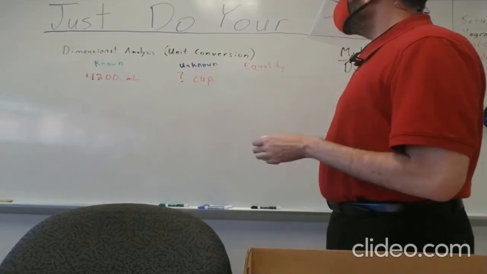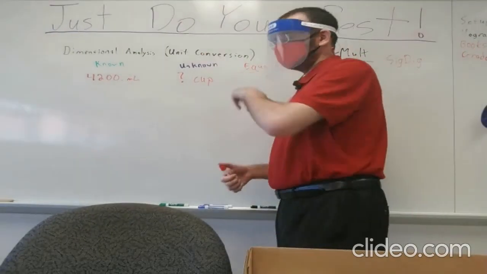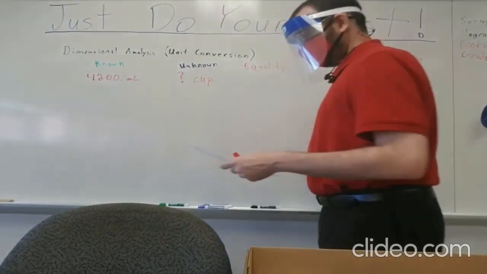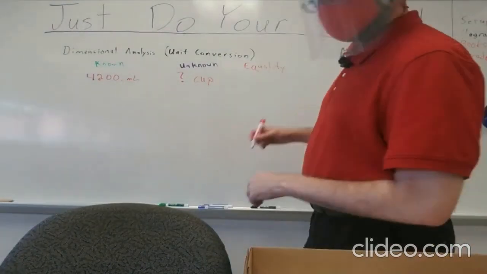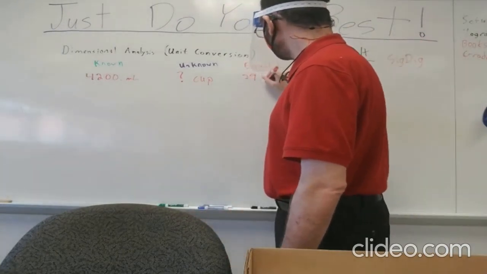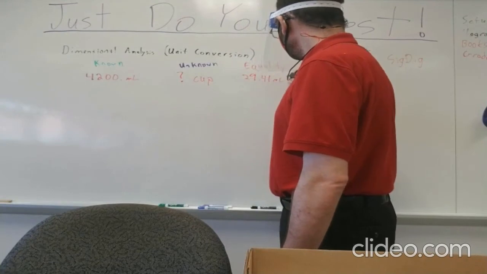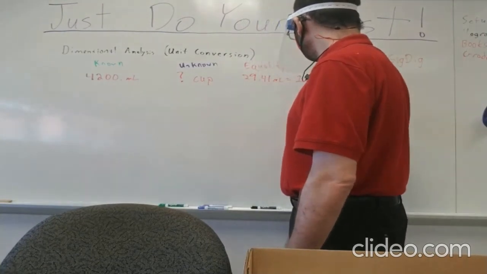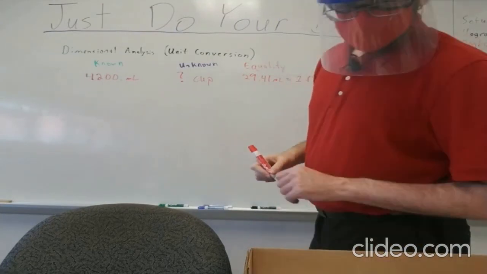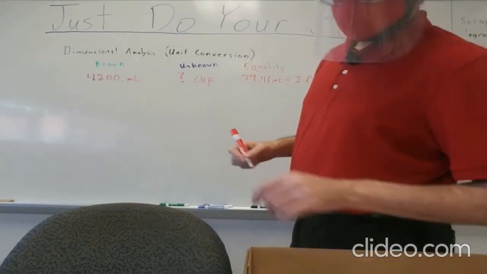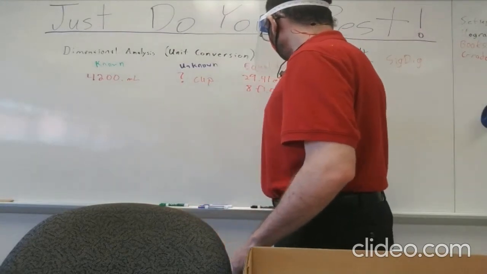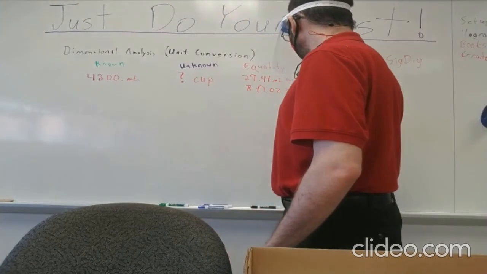Now, so if I have milliliter and cup, as I look here on my paper, I've got milliliter to fluid ounce as my first equality, where 29.41 milliliters is equal to 1 fluid ounce. And there should be 8 fluid ounces per cup, but I'm going to double check it, and that is right. 8 fluid ounces is equal to 1 cup.